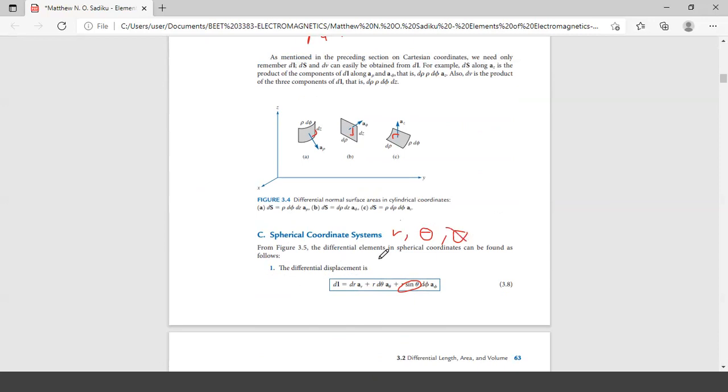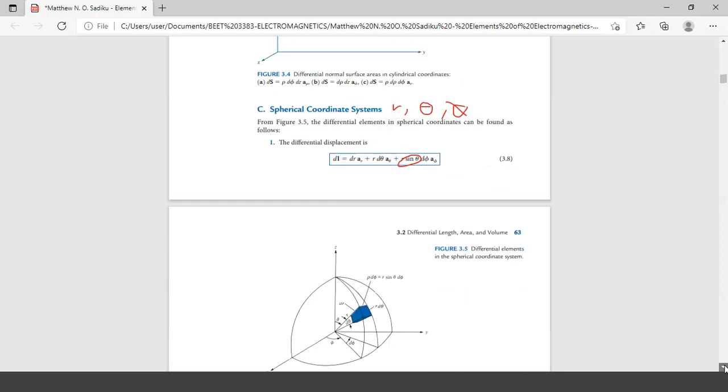The differential element in spherical coordinates can be found as follows. The differential displacement dl equals dr in the direction of r plus r d theta in the direction of theta plus r sine theta d phi in the direction of phi.